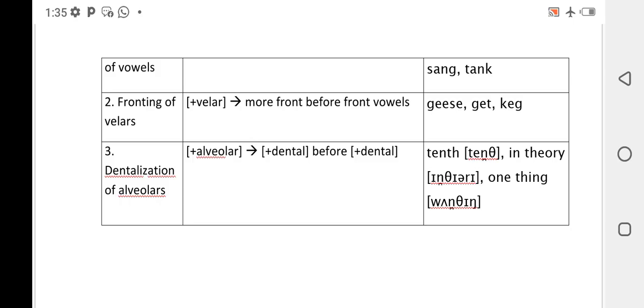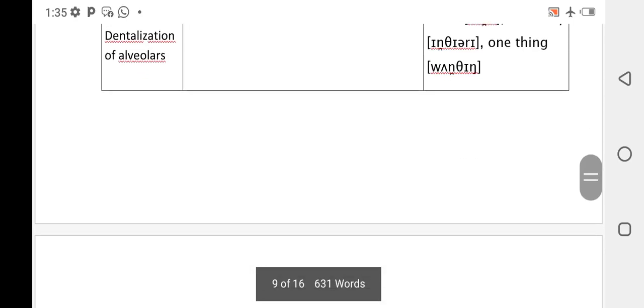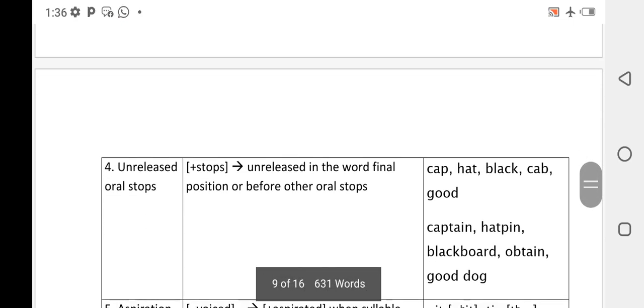So the alveolar n becomes dentalized. One thing, said as one word, n becomes dentalized too. So when alveolar sounds occur with dental sounds, those alveolar sounds have become dentalized.